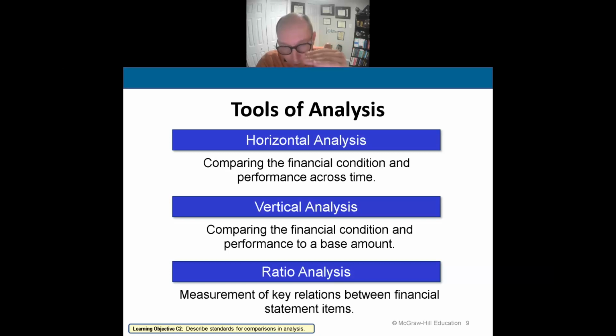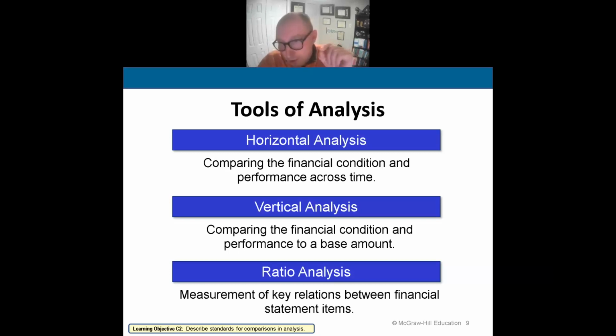What that tells me is my total expenses were 500,000, my revenue was 1 million. 500,000 divided by 1 million gives me a total expense of 50%. The 50% represents my total expenses compared to my total revenue. Now, that's what vertical analysis does for us. I'll go into further detail on that here in a little bit.